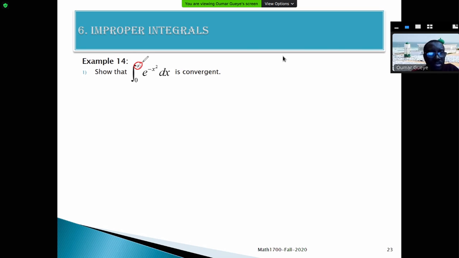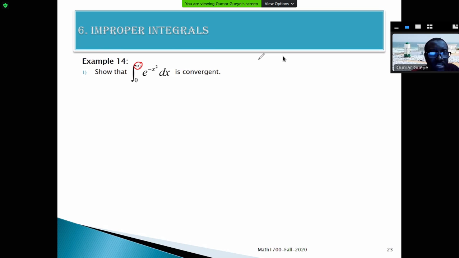Here, since you have infinity, it means you have an improper integral of type 1. So you have to compare it with an integral coming from the first p-test, because the first p-test is used for type 1. The second p-test that we've seen today is used for type 2 improper integrals. So now forget about type 2. We have to use type 1.